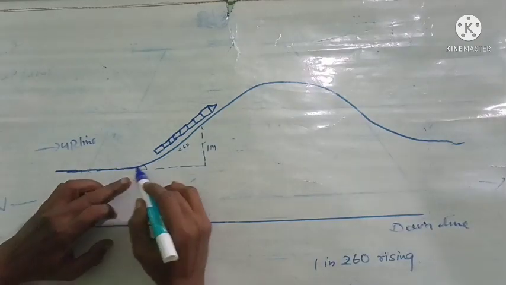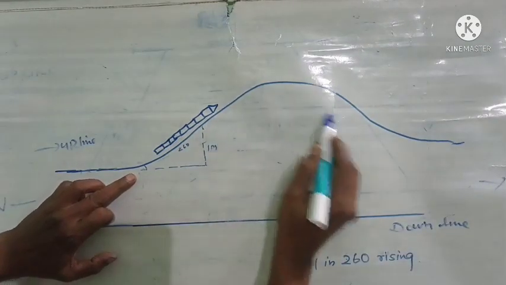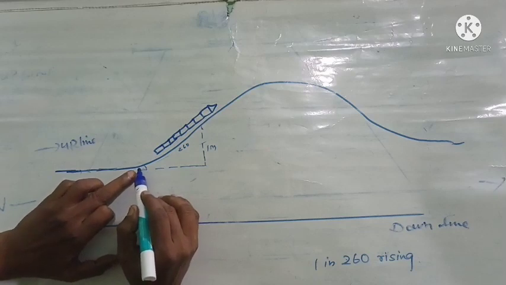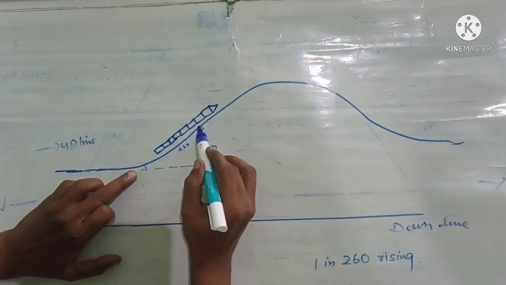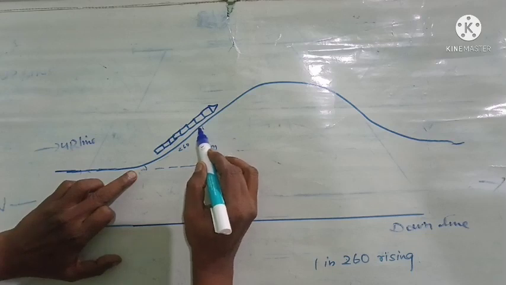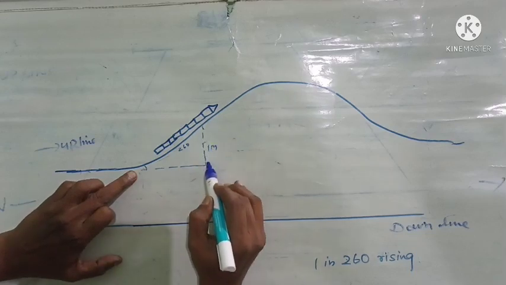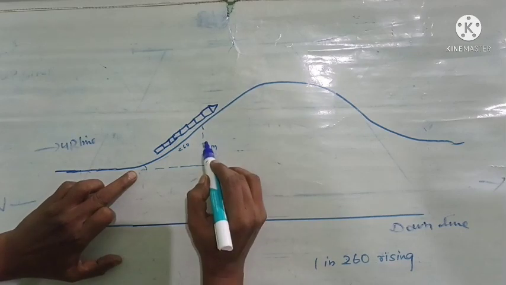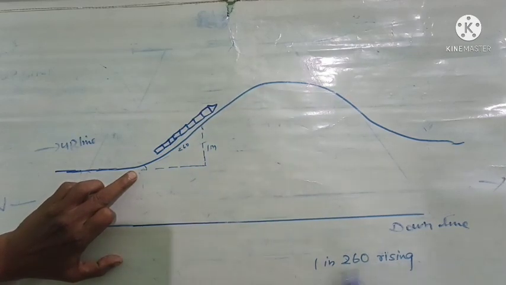So here the track is laid like this over the hill. Now from this plane surface, when the track is laid 260 meters, it has gone up 1 meter high from this plane surface. Then it is called 1 in 260 rising.